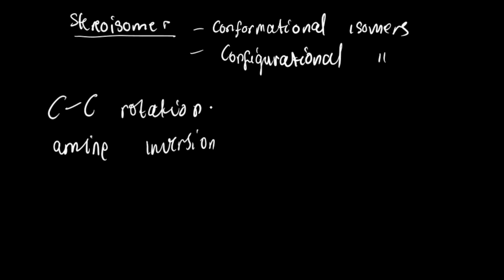Now, it's also important for us to take note of the fact that conformational isomers can interconvert randomly. So they cannot be separated. Interconversion from one form of conformational isomer, or conformers as they are called, to another conformer does not require breakage of any bonds.